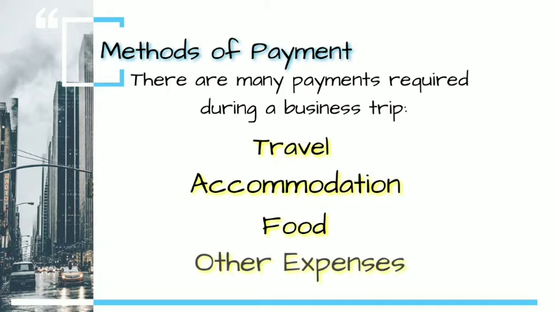The next is other expenses, like operating and maintaining a car, including the cost of gas, oil, washing, parking, and tolls. Also, local transportation between the airport or station and a hotel, from one customer to another, or from one place of business to another.